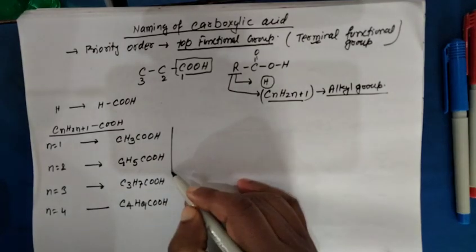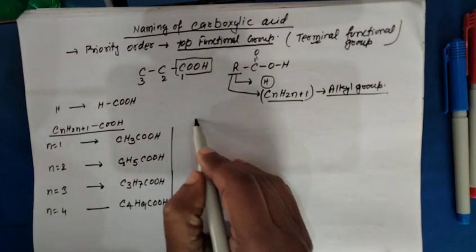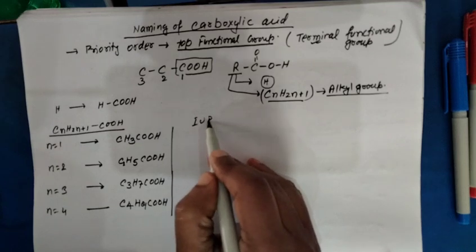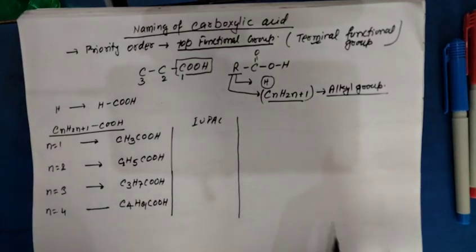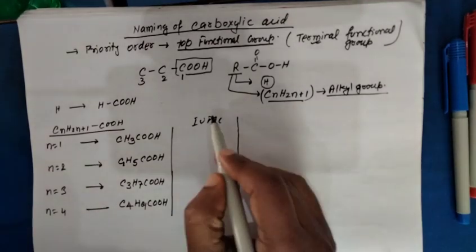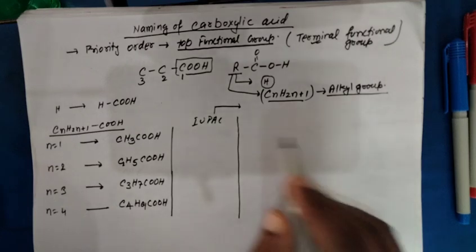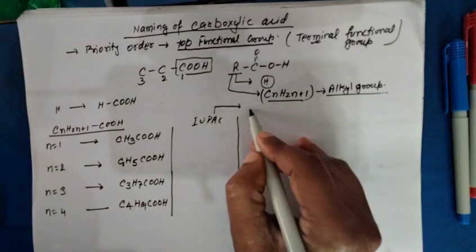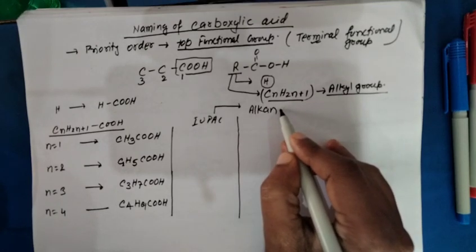Now how can you provide the name? If we consider the IUPAC name here, the common structure of the IUPAC name is alkane.